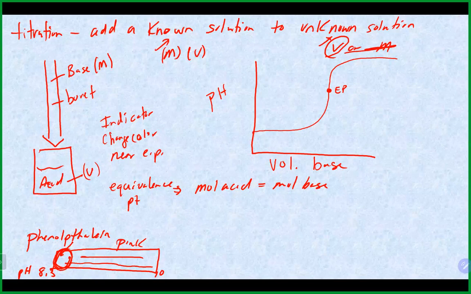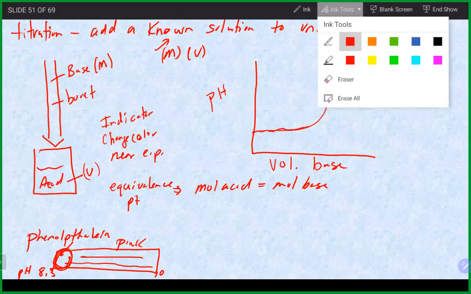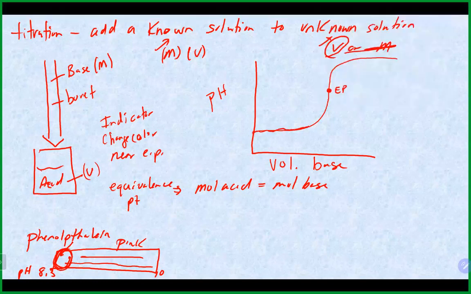That means you're approaching the equivalence point. So as you start to titrate, you're moving, and then as you get towards the equivalence point, you often see a big jump in the pH. And if you go past the equivalence point, you will also see a relatively big jump in pH.